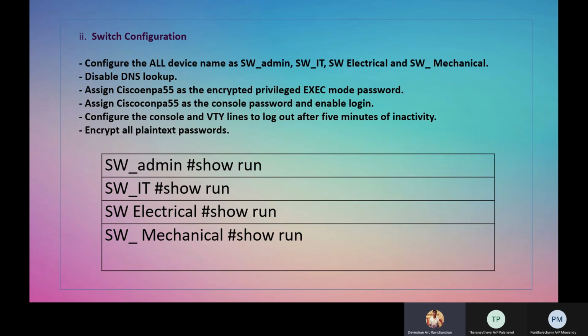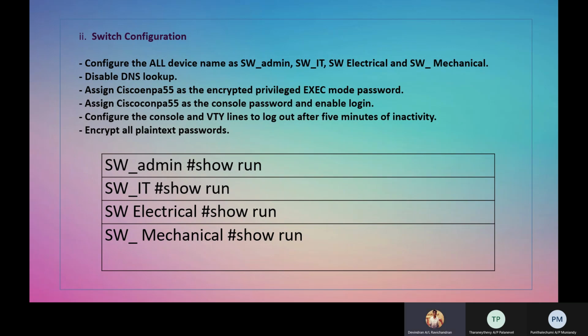Assign the Cisco password as the encrypted privileged EXEC mode password. Assign the Cisco password as the console password and enable login. Configure the console and VTY lines to log out after 5 minutes of inactivity. Encrypt all plain text passwords.